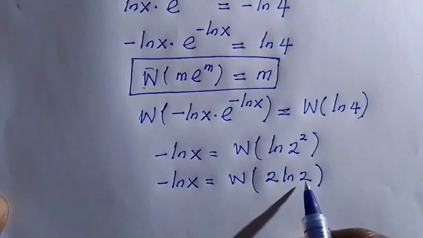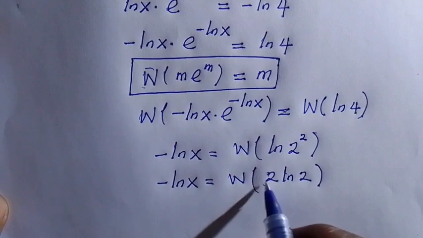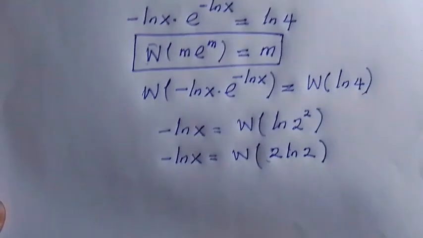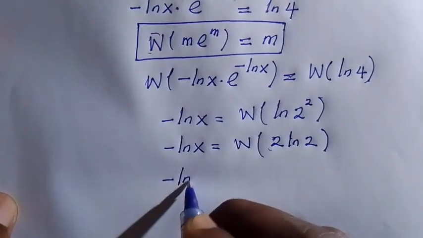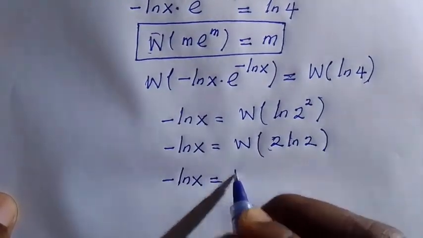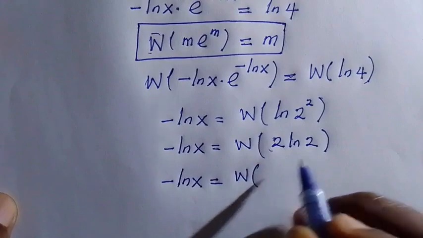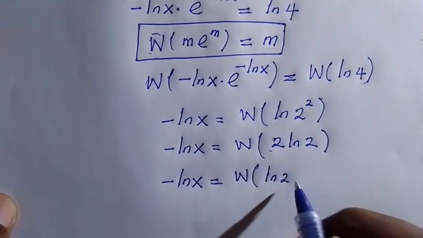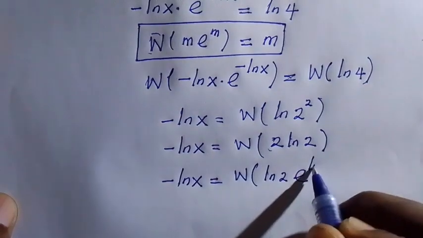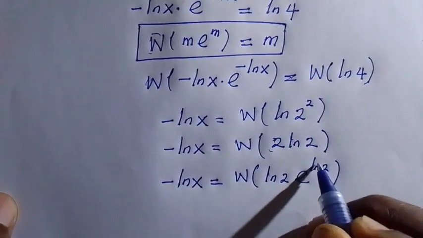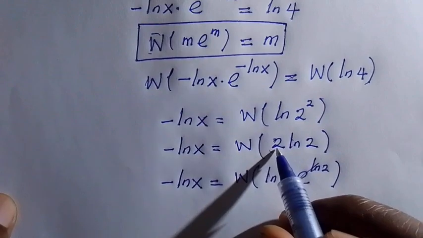We have 2 ln 2, which we can introduce exponential and ln to this 2. Then we have minus ln x equals the omega of ln 2 multiplied by e to the power of ln 2, because when this cancelled, we also have 2 again.